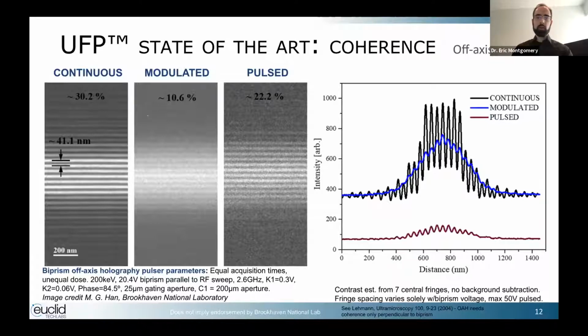So then by going to pulsed mode, we are able to get a much cleaner, high contrast image. And I should point out that the number of electrons here have dropped because now we're chopping and throwing away that gated beam. So this is already 22% contrast, and I would expect even better results for equal number of electrons with the continuous and pulsed images compared.